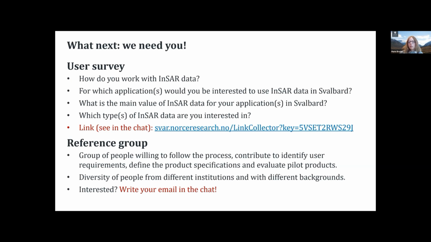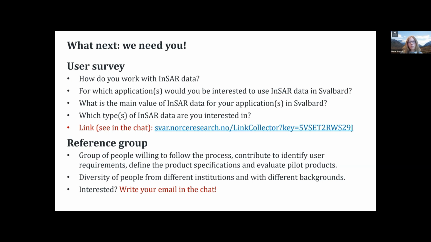And then what type of InSAR project are you interested in? Are you interested in this displacement time series, or are you more interested in maybe the more average maps that documents horizontal and vertical displacement? Or are you only interested in single interferograms? Or maybe all of them.